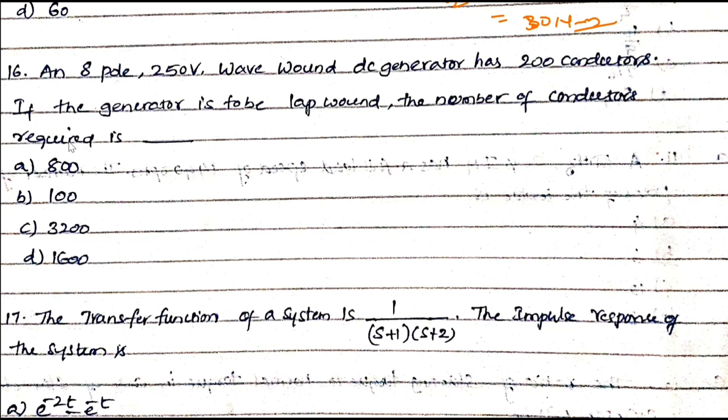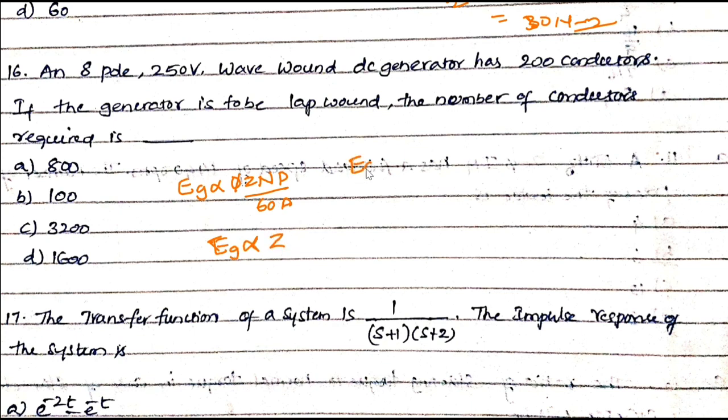Here observe, for 8 poles the general formula is Eg proportional to ΦZNP by 60A. For a lap connected winding, P is equal to A, so it depends upon the number of conductors only.